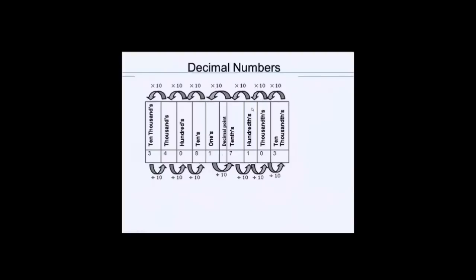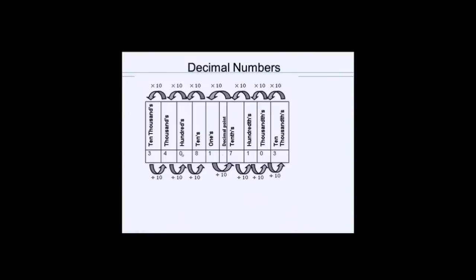So 10 100ths will make 1 tenth. 10 1/10ths will make 1 ones. 10 ones will make 1 group of tens. 10 tens will make 1 group of 100. Similarly, if you're going from hundredths to tenths, you go division by 10.